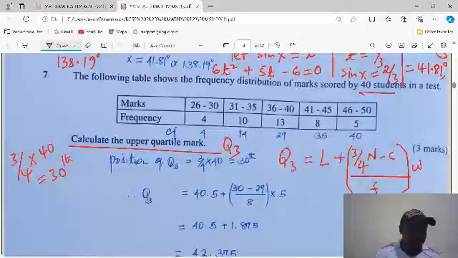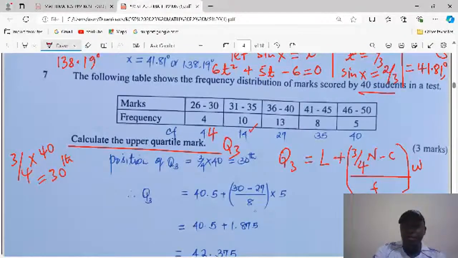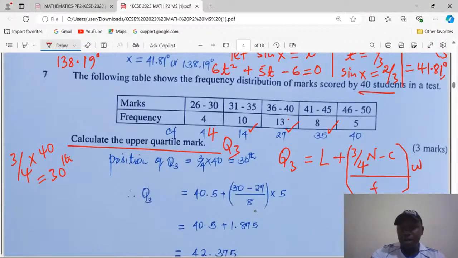It's also good for you to understand something else: we can get what we call cumulative frequencies. We start with 4, then we get 14, 14 plus 13, we get 27, 27 plus 8, we get 35, and finally plus 5, we get 40.